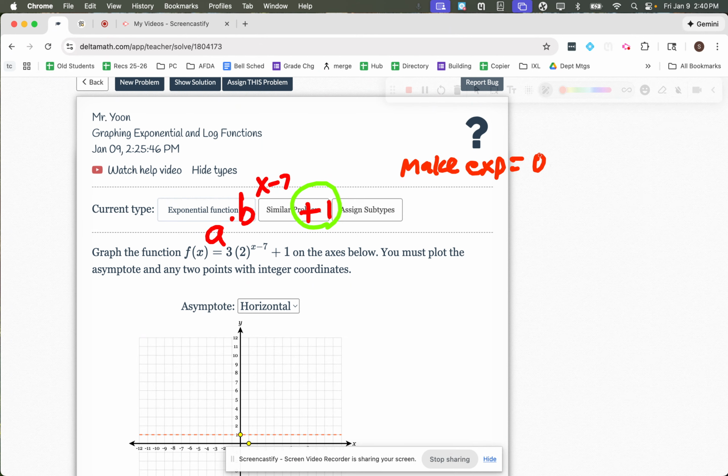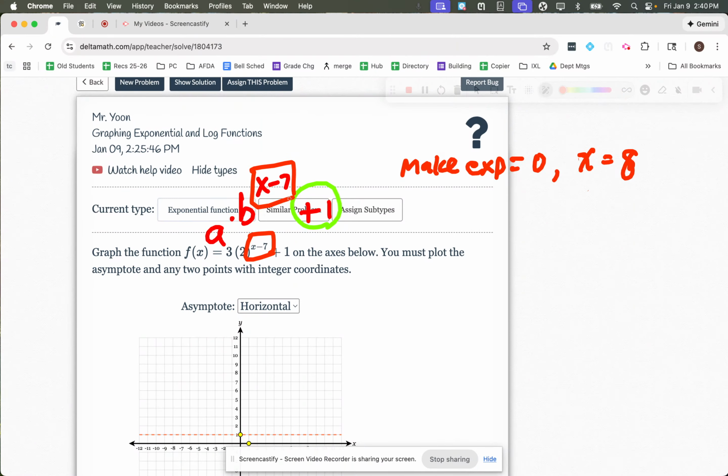And you make the exponent 0 so that you can calculate the y easily. But to make the exponent 0, x, I'm sorry, x has to be 8. Right? Notice right here.